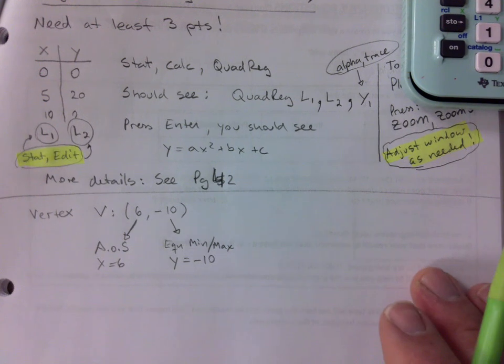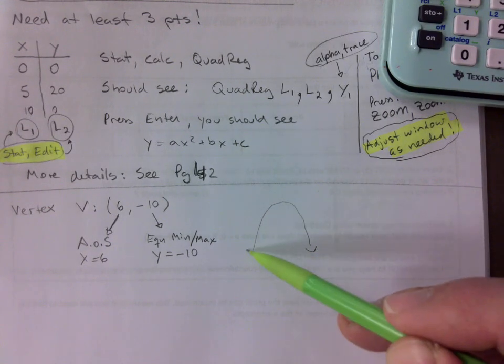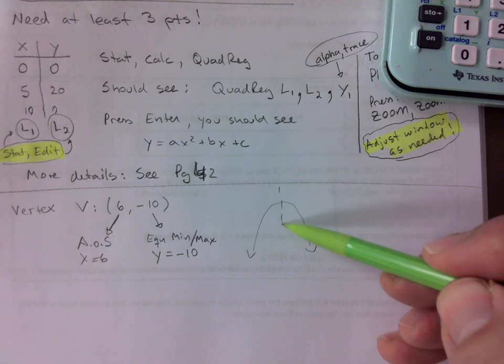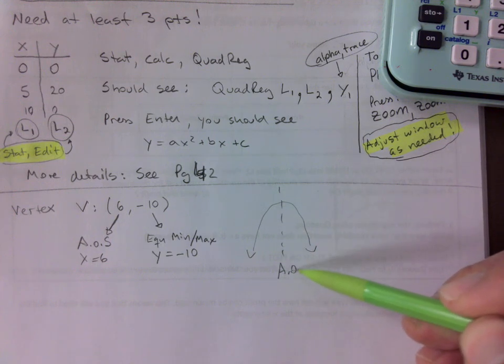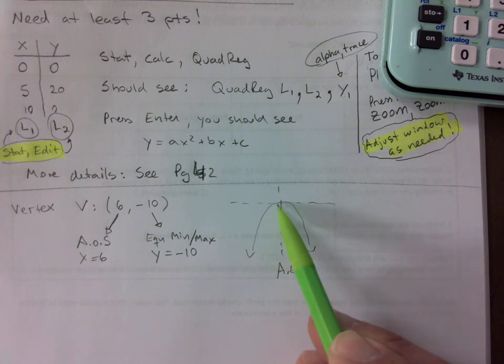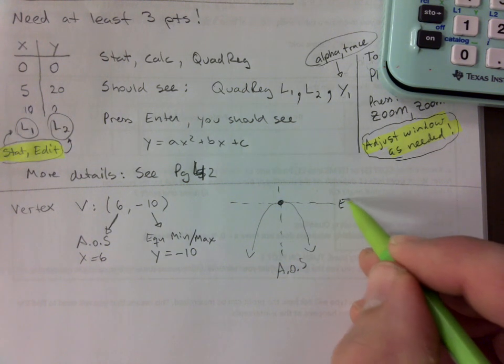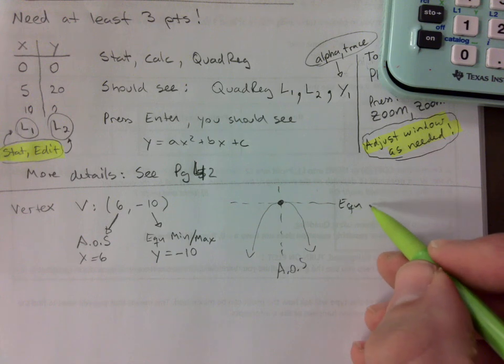Think about it this way. If this is your parabola, there's the axis of symmetry, and there's a horizontal line, and both of these go through the vertex. This would be the equation of what, min or max? It's the highest a parabola ever goes, so it's max.